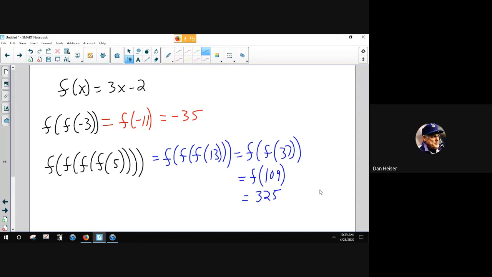Notice that every time we plug in a value to the function, we lose that function. So here we started with 4. As I plug 5 into the first f, it disappears because that f of 5 turned into a value. Then we plug that value into the next f, or the next function.